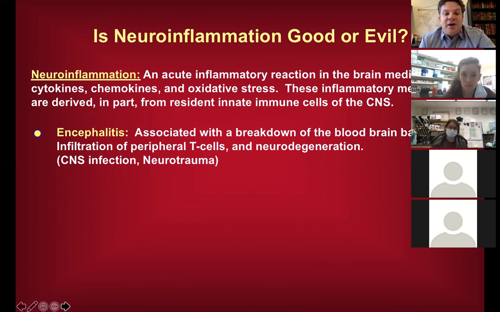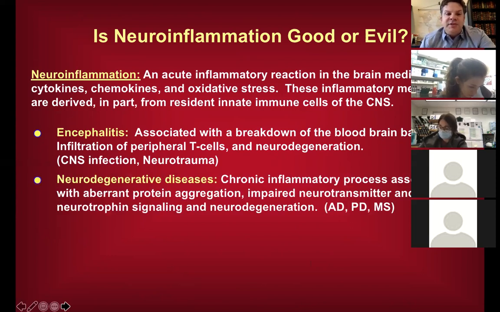In encephalitis, you're going to see a lot of infiltration of peripheral immune cells, so T cells and innate immune cells. You're also going to see quite a bit of neuronal damage and loss of cells. As I said, an example of this would be a CNS infection or a significant neurotrauma, brain injury, or spinal cord injury.